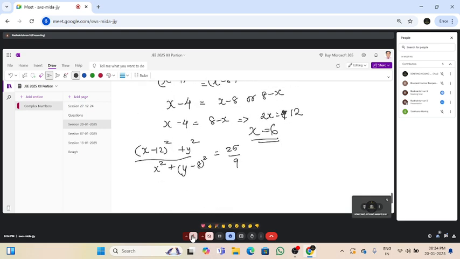So in this you substitute X equal to 6. You'll get a quadratic equation in Y, which you can solve.